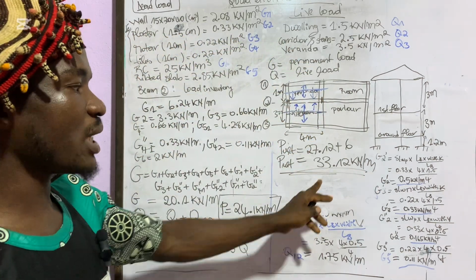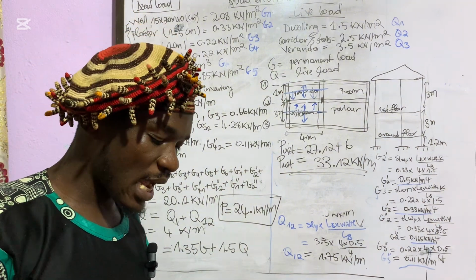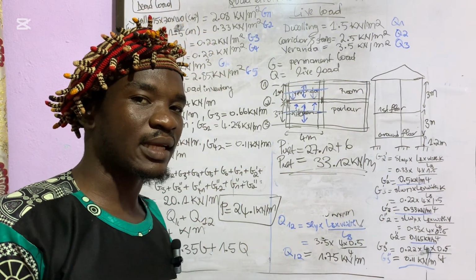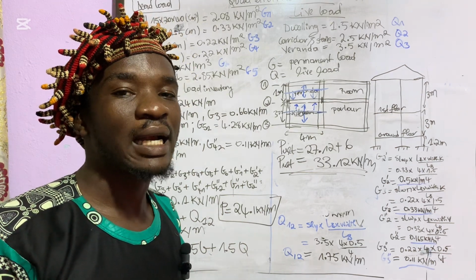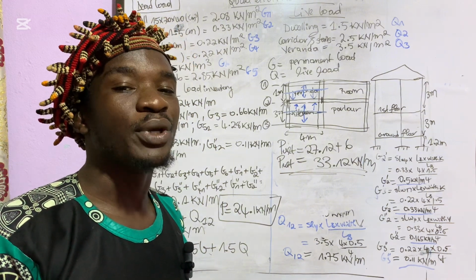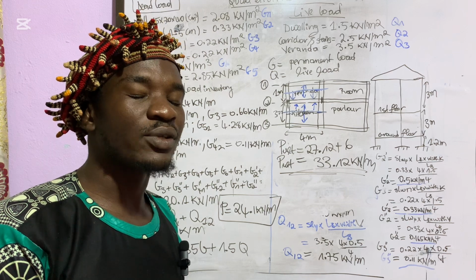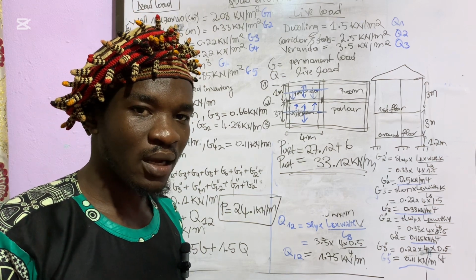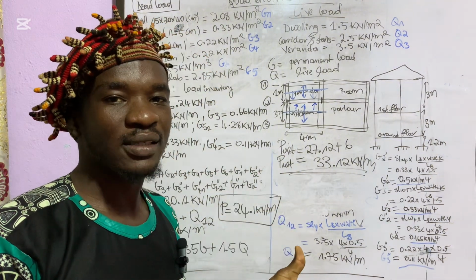As you can see, the P at the ultimate limit state is greater than the P at the serviceability limit state. Why are we analyzing at the serviceability state? Because we usually consider that cracks are harmful, and we try to minimize the cracks on our structure as much as possible. At the ultimate limit state, cracks are not harmful.